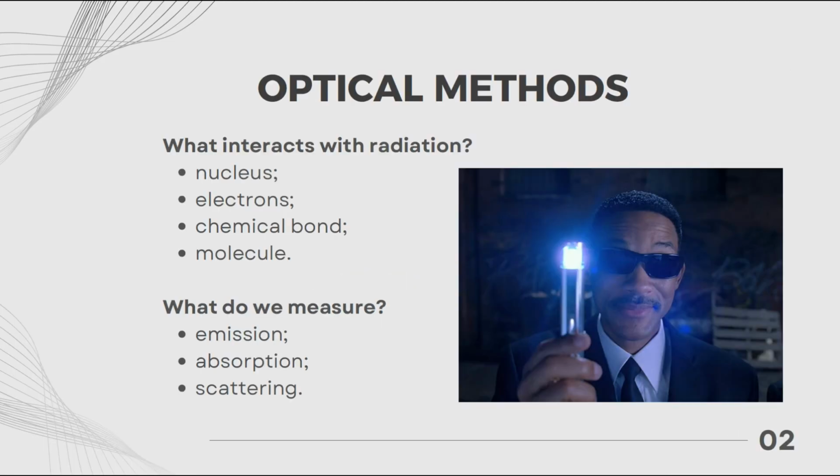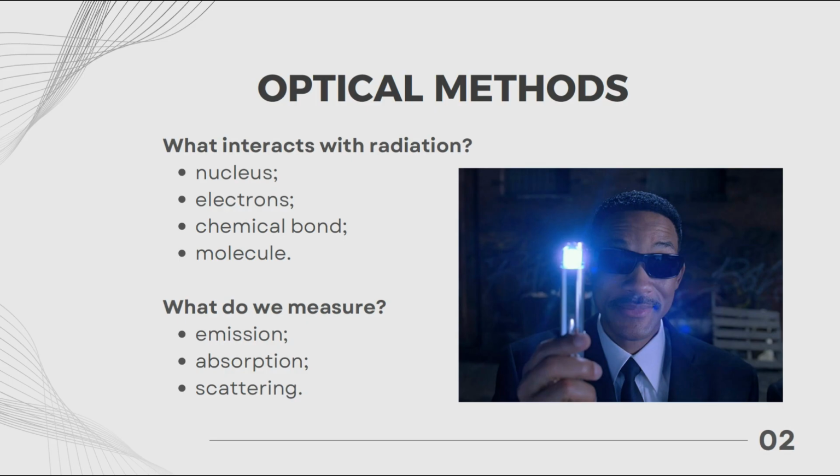Let us first do a very short recap. Let's recall some information about optical methods, why there are so many methods, and why they're not complicated but various. It lies in the fact that electromagnetic radiation that interacts with our analyte may interact with its different parts.